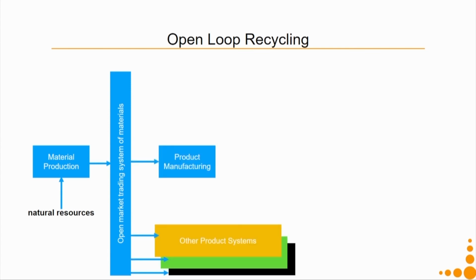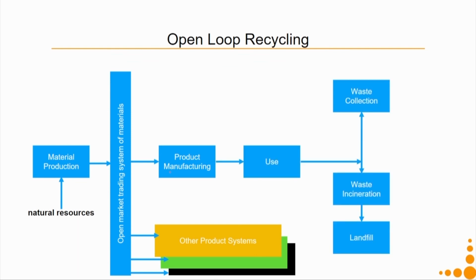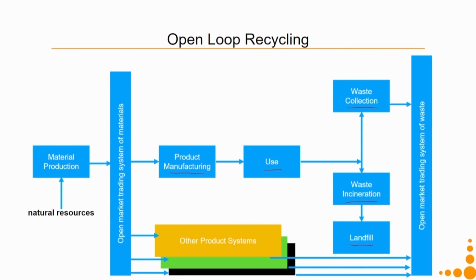Many product manufacturers will buy this material from the market. Say this product manufacturer manufactures the product, then it is used. After use, it can go for waste collection, waste incineration or landfill. The same will happen for the other product systems also.